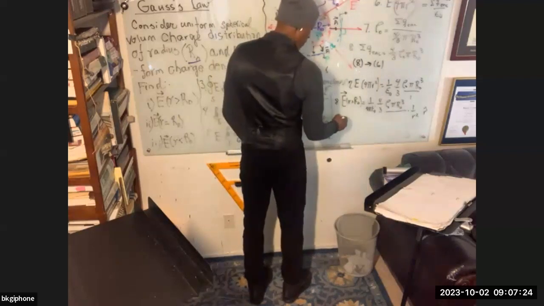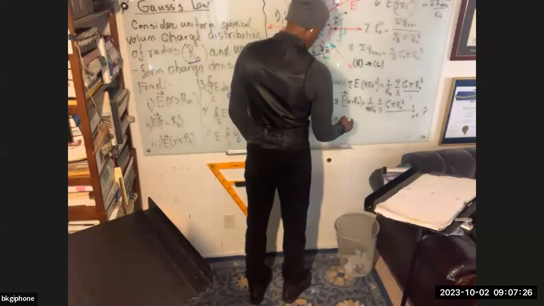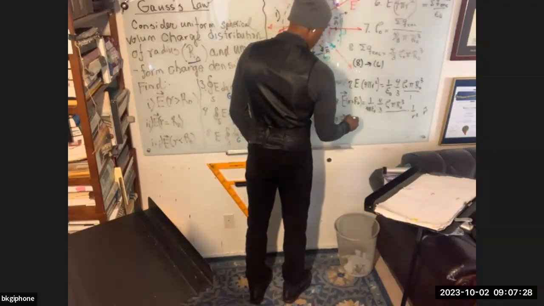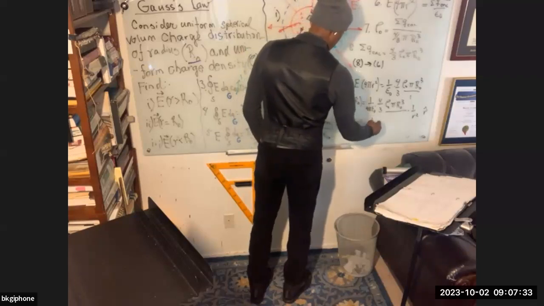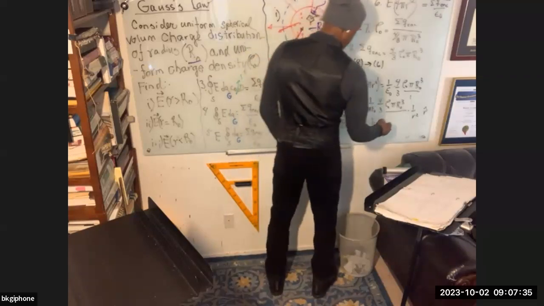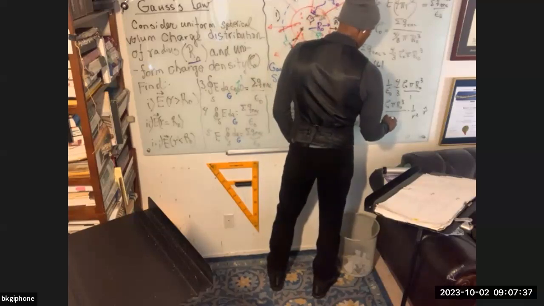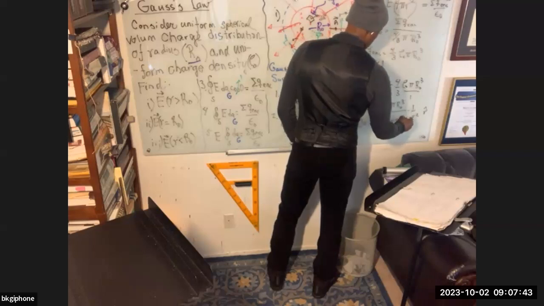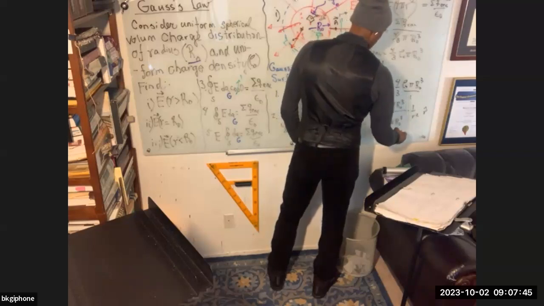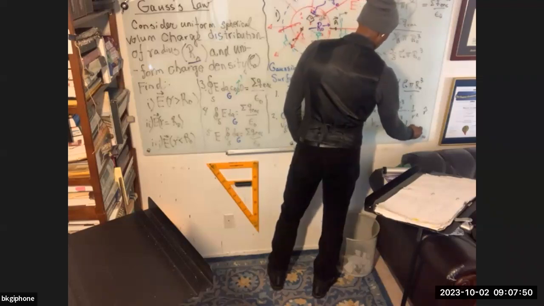So we could rewrite this finally in terms of E, r greater than r naught, basically equals k sub E. And then this stuff here is just the total charge, 4/3 rho naught pi r naught cubed, times 1 over r squared, r hat.